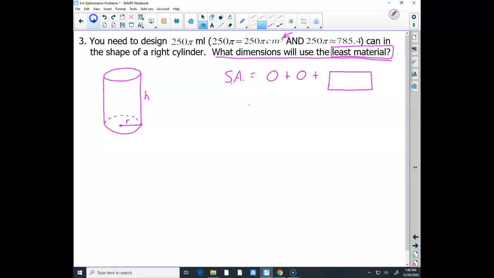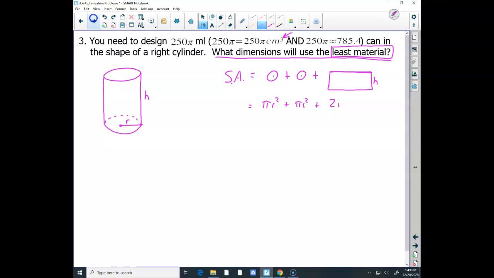So surface area, how do I find the area of a circle? Area of a circle, well, that's pi r squared, plus that's pi r squared, plus I know this is my height right there, right? That's my height. And what is this length right here? Well, that's just the circumference of the top or bottom of the can, isn't it?